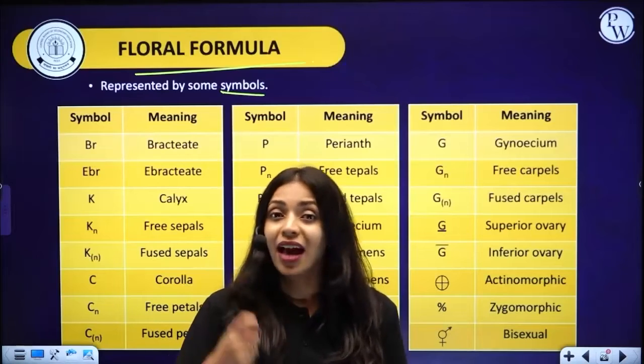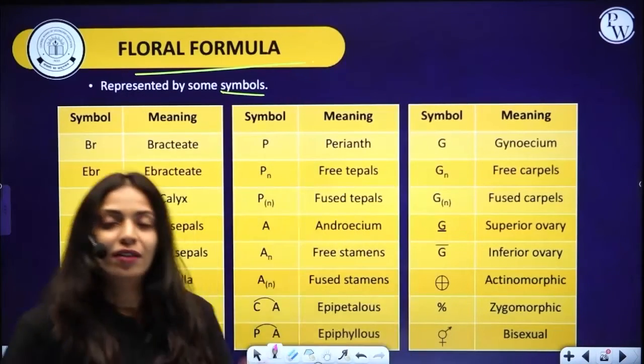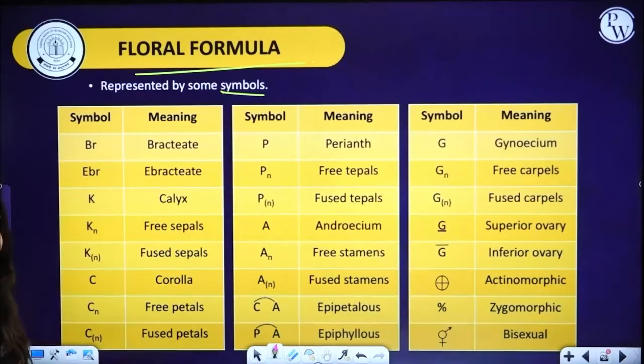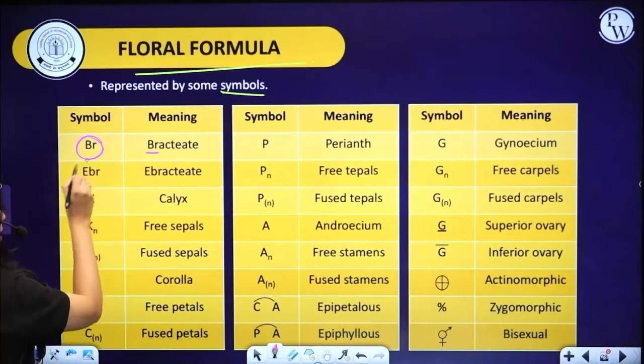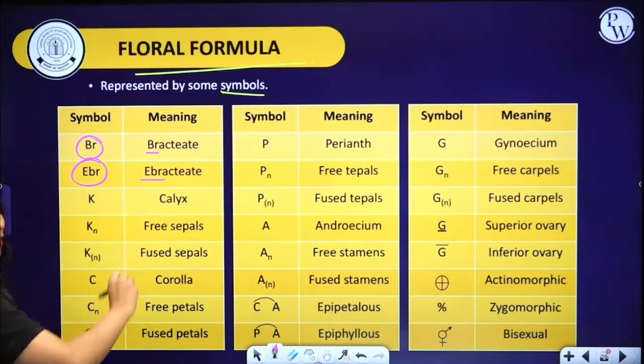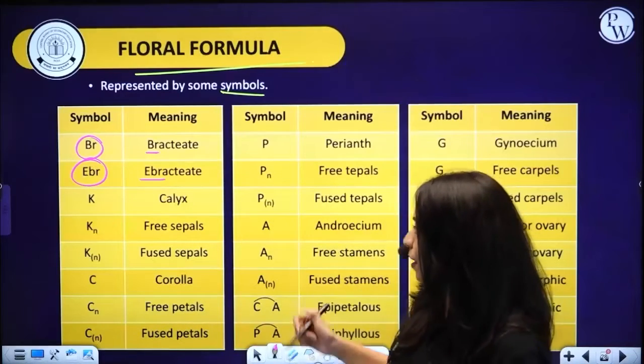If bracts are absent in the flower, we refer to it as ebracteate. So whenever there is bracteate condition seen, we represent it with the symbol BR. BR for bracteate, EBR for ebracteate. Ebracteate means bract is absent. You do not see bracts in that particular floral family.